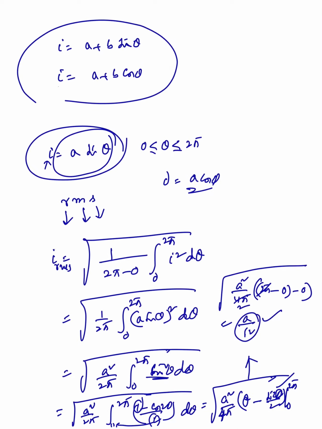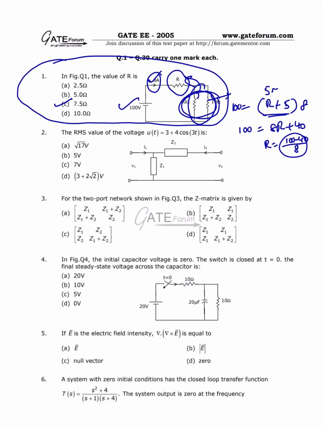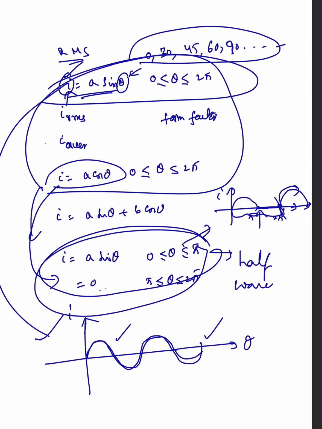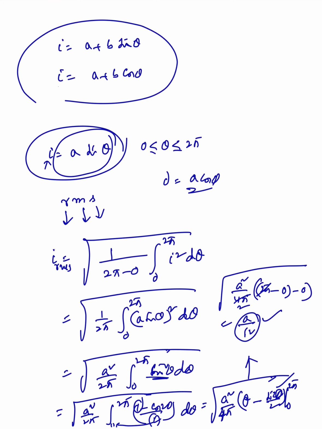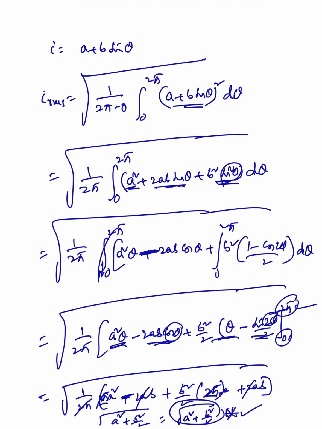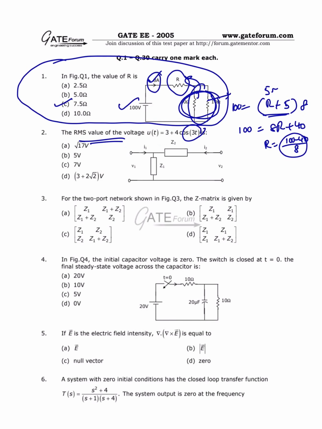So from the given equation, what is the RMS value? Whether it is cos or sine, you will get the same, a square plus b square by 2 under root.